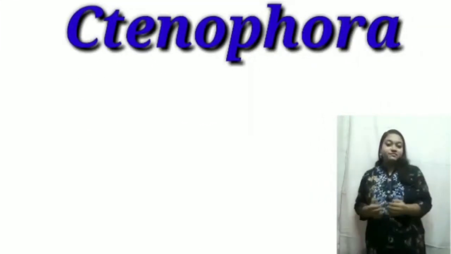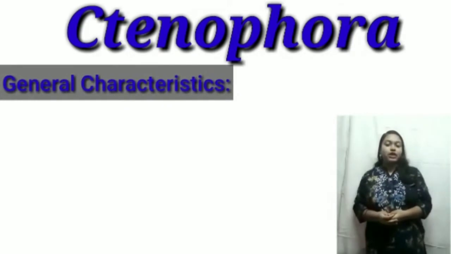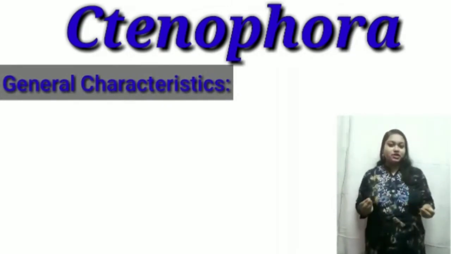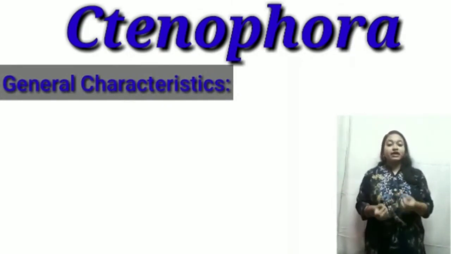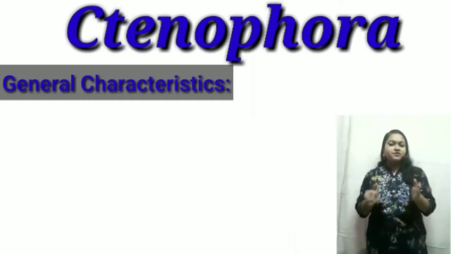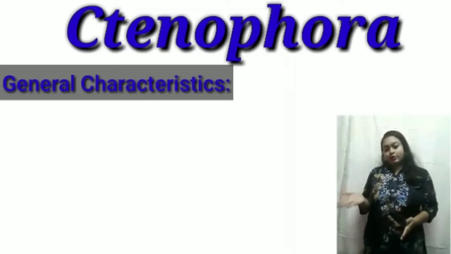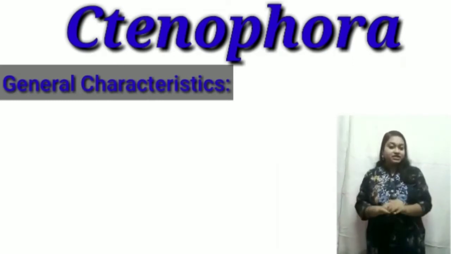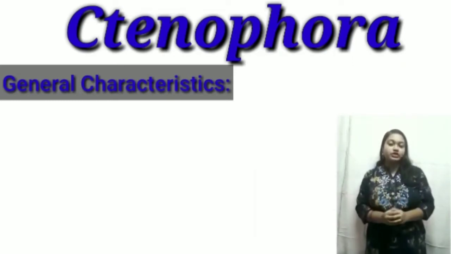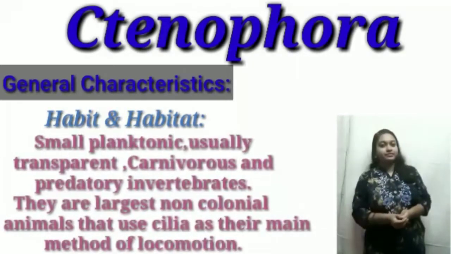So the next phylum is Ctenophora. Ctenophora is a special phylum. In this phylum we see a thick mesoglea layer between ectoderm and endoderm. But that is not the first point. The first point is, as usual, habit and habitat.